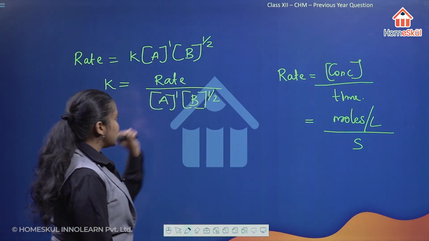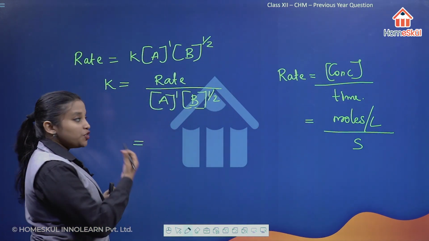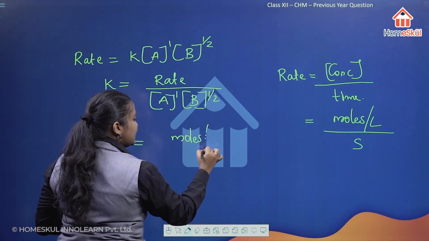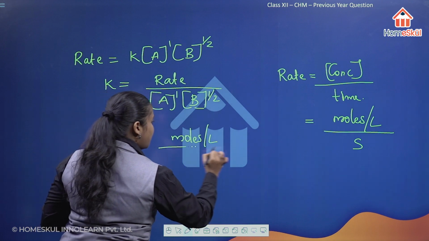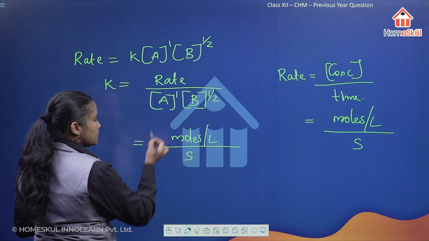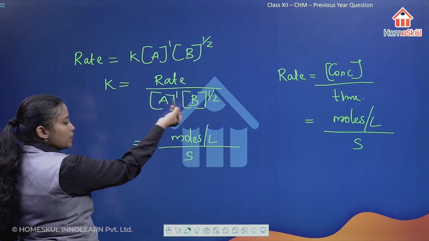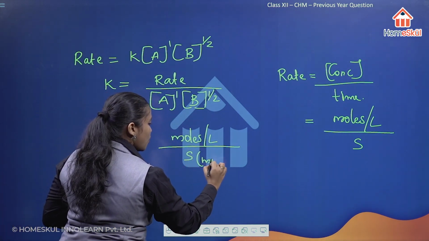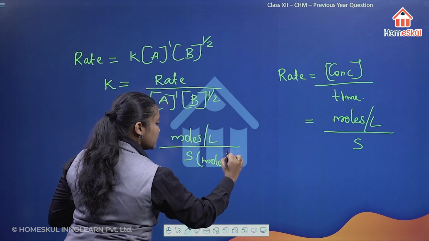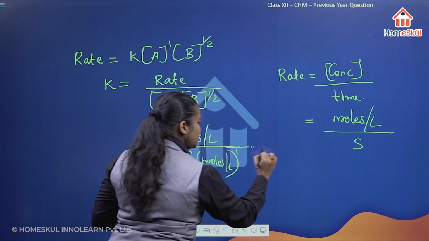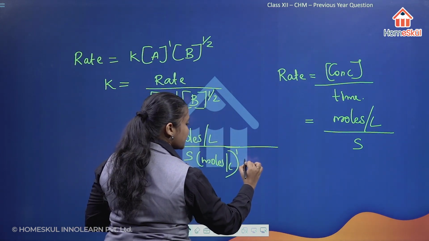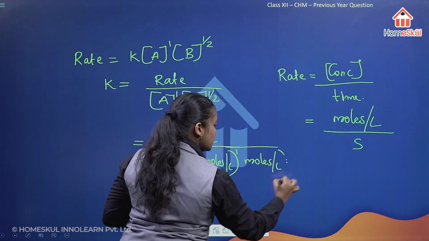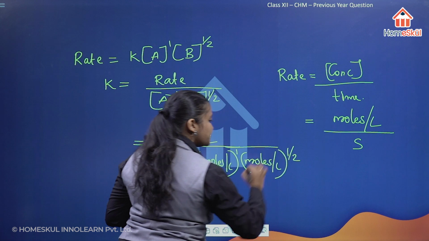We can substitute this in here in order to find the unit of k: moles per liter per second, divided by the concentration terms, moles per liter raised to 1, into, in the case of B, moles per liter raised to half.